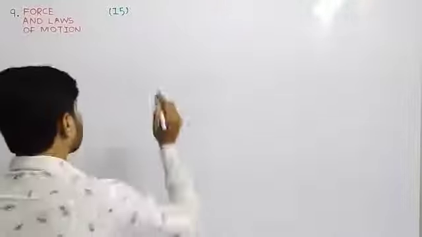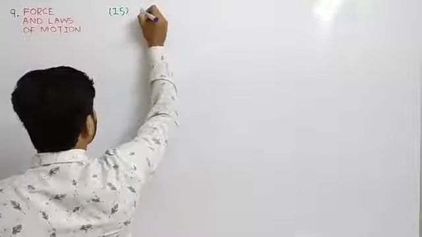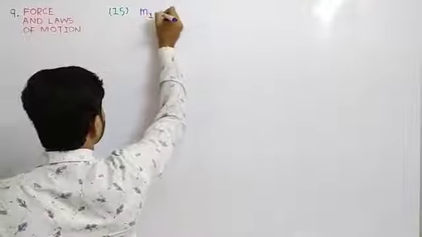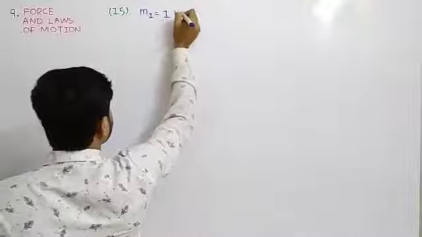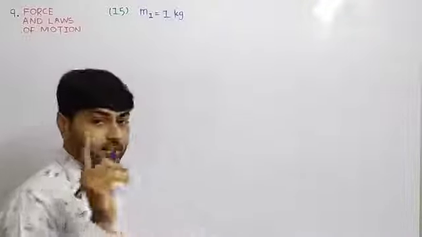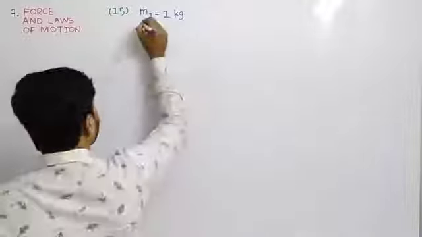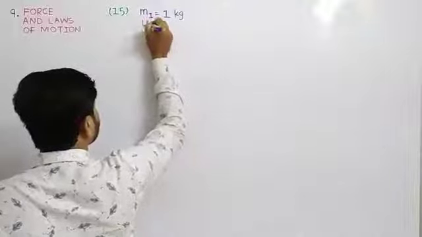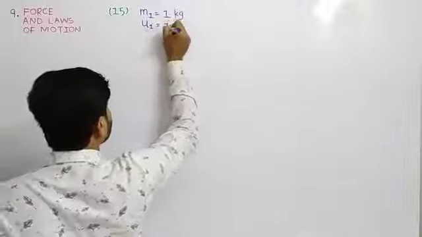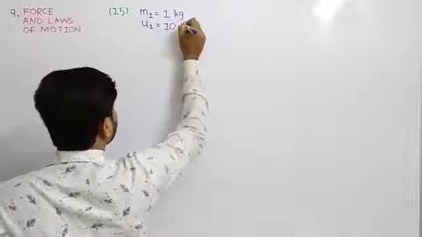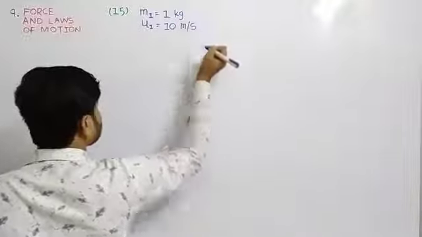So the mass of the first object, that is m1, is 1 kg, traveling in a straight line with initial velocity u1, that is 10 meter per second.